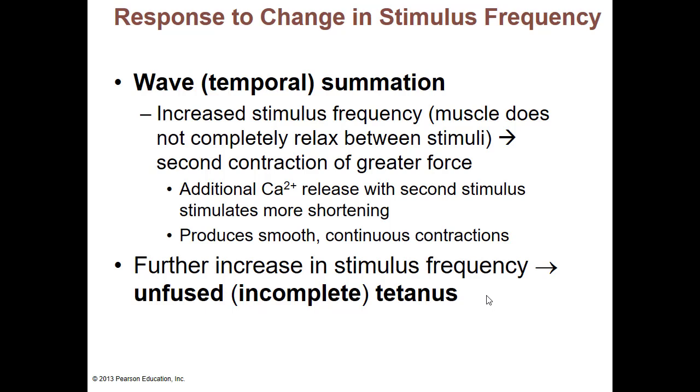Now, this does allow you to produce smooth, continuous contractions. The fact that I can slowly move my muscle, I can lift something up. I wish I had a big book. I could pick up a book, I can add stuff onto the book, and I can have nice, smooth-flowing contractions, depending on how fast I'm firing information at that.